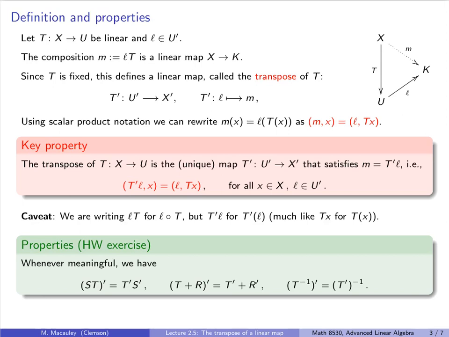And let me show you what this might look like for this first one. I'll get you started. So the first one says the transpose of ST. That really means, again, we're reading right to left: do T, then do S. So suppose T is as before, and let's say that S goes from U to V, then the composition of this is ST. So it's S of T. I'll write it like that.